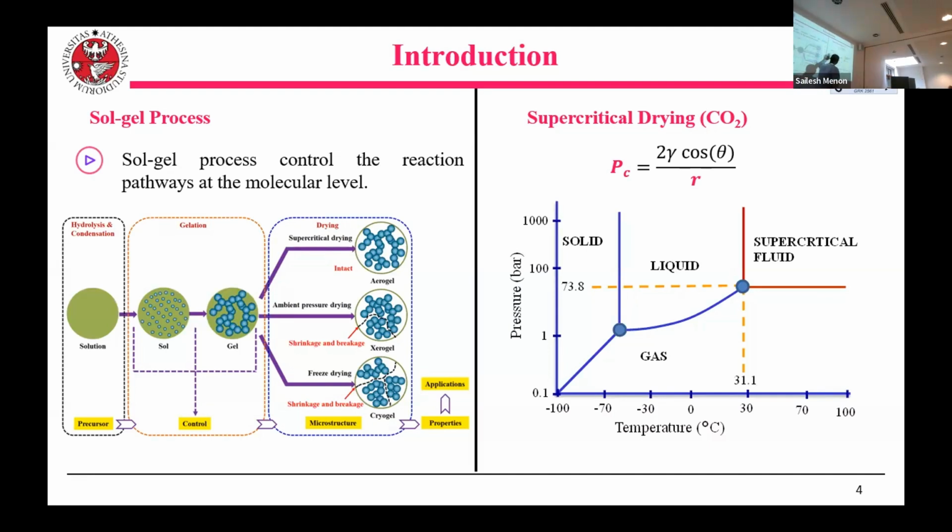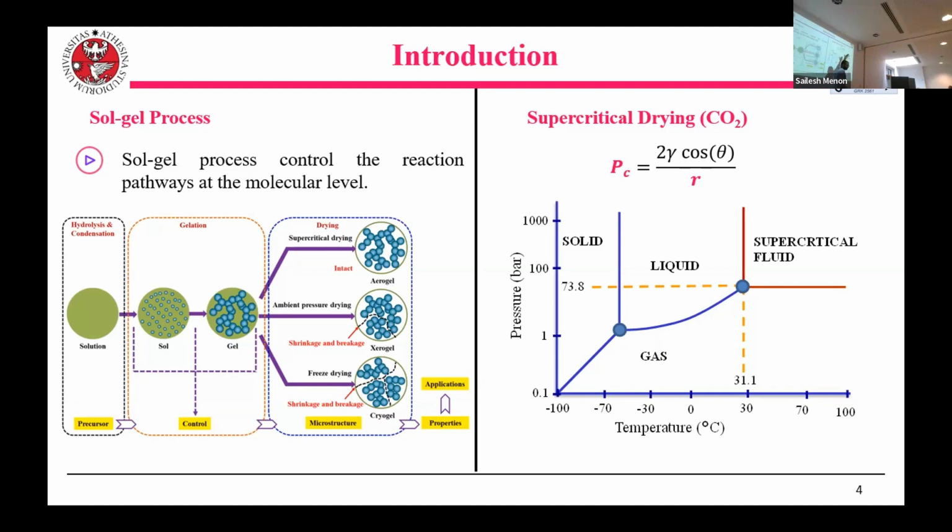In our system, we have the solvent, liquid carbon dioxide. We bring this liquid phase into the supercritical condition, in which there is no phase separation between the vapor and the liquid, no liquid-gas interface. Therefore, there is no development of surface tension.